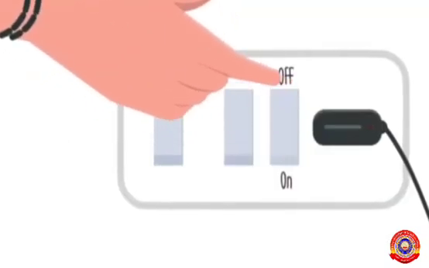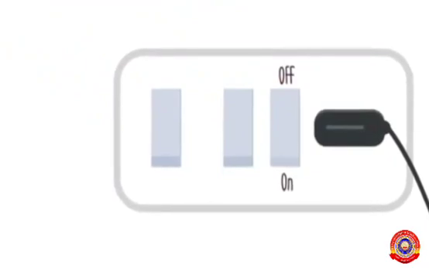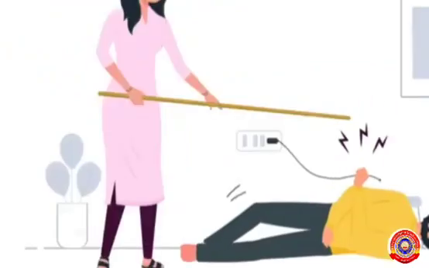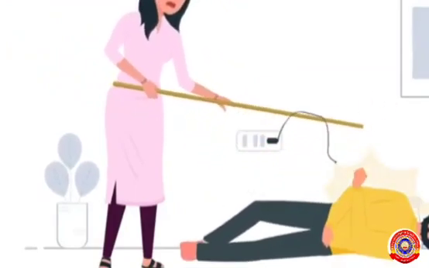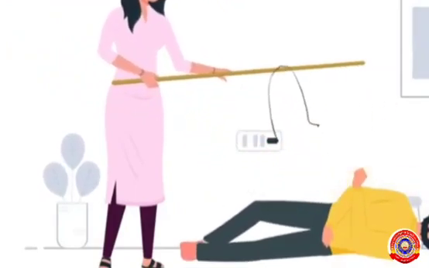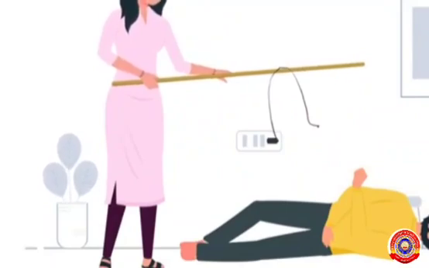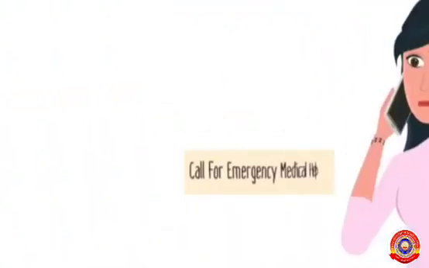Yes. First thing to do is cut off the electric connection. Then, push away the affected person using materials that do not conduct electricity. The person should be taken to the nearest hospital immediately if the shock is severe.